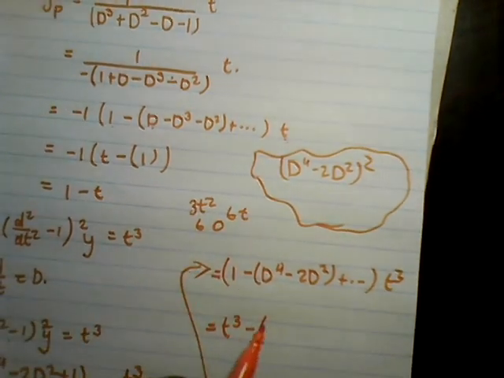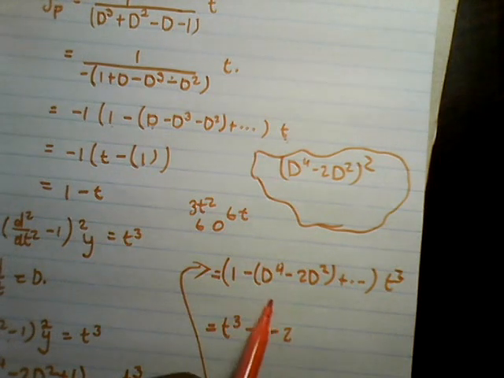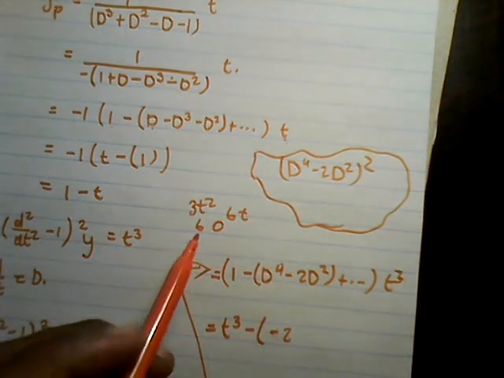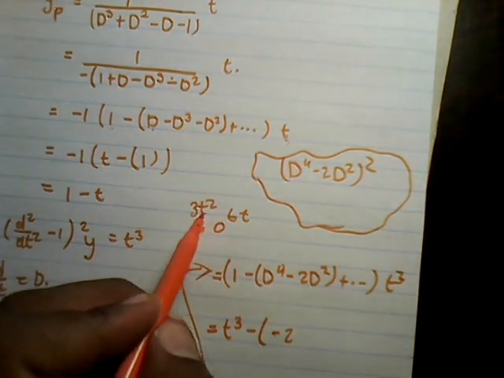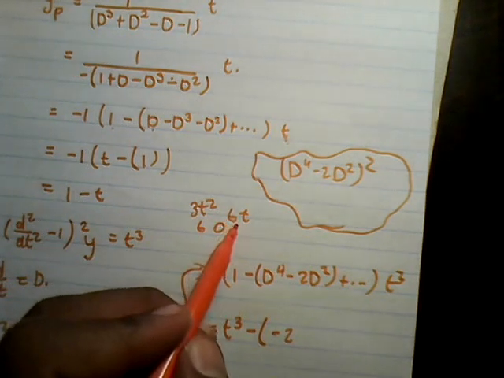So it's 0 for this one. Then minus 2, which is a constant, and we take 2 derivatives of t cubed. This was the first derivative and this was the second derivative, so we put 6t here.